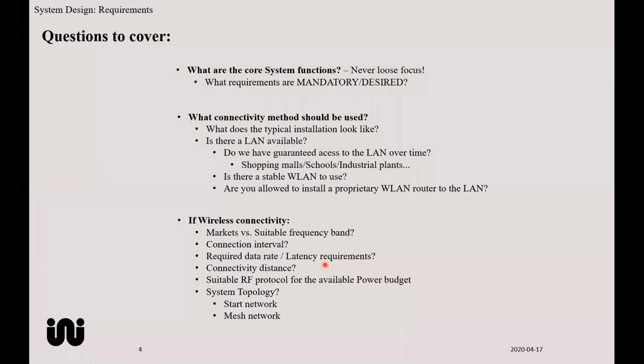If you're only allowed to connect once per day, there will be several technologies, like cellular Cat-M, which is not suitable for you. The required data rate and latency requirements, of course, make a difference in selection. Connectivity distance I mentioned.